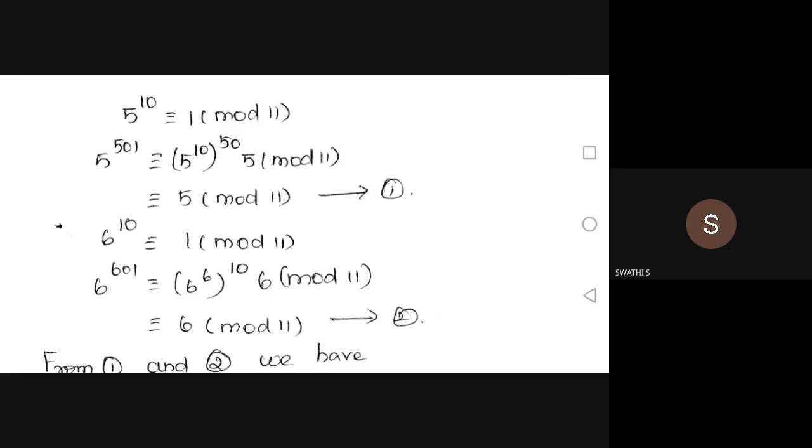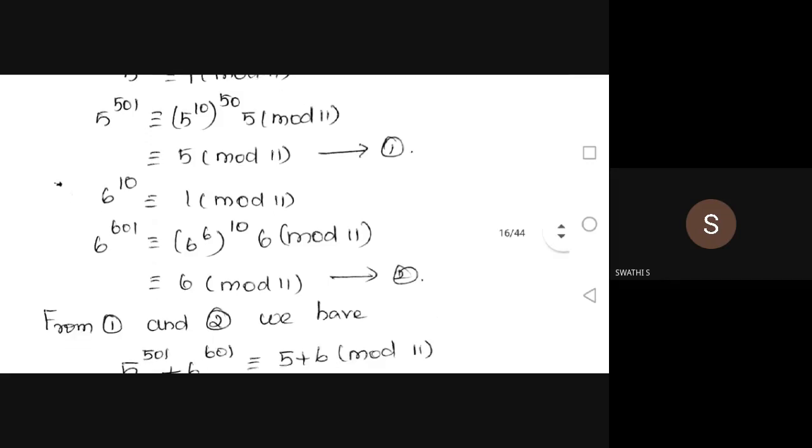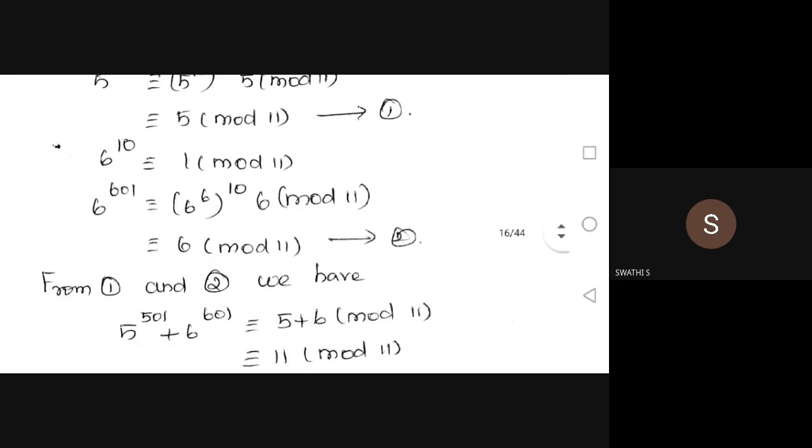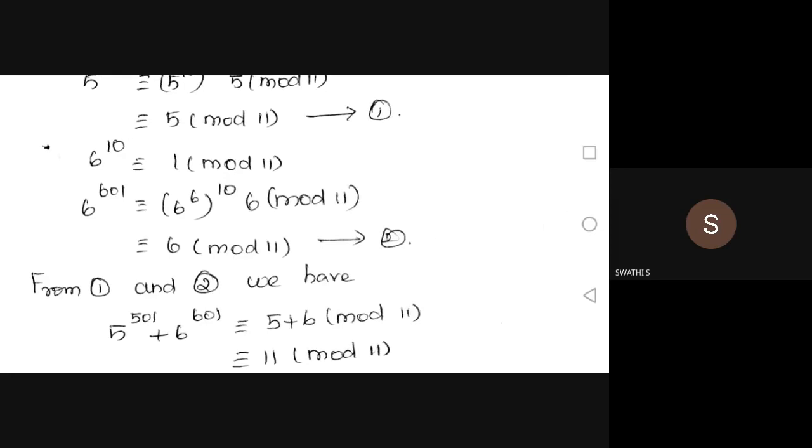So now equations 1 and 2 will be added. The left hand side of the congruence will be 5 power 501 plus 6 power 601, which is congruent to 5 plus 6 mod 11. 5 plus 6 is 11. When 11 is divided by the mod value 11, we get the remainder 0.